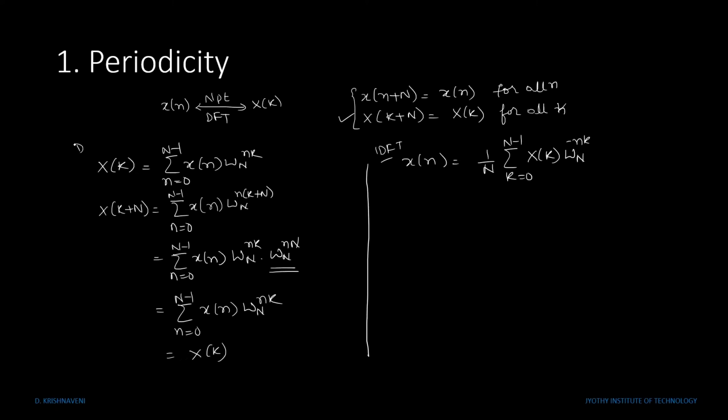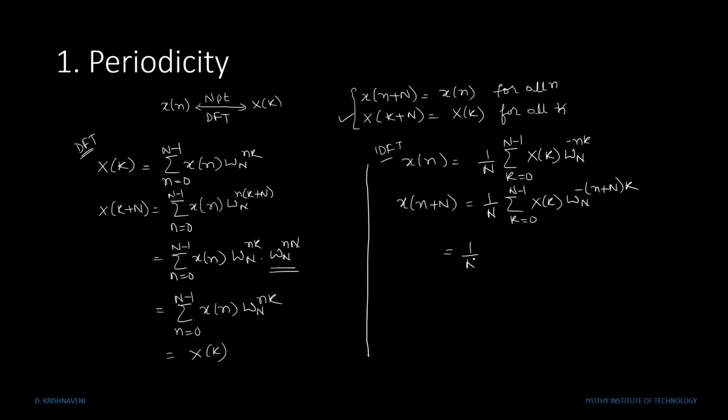Here we had taken the DFT formula, and now we replace n with n plus N. So we get x of n plus N is equal to 1 by N summation k equal to 0 to N minus 1 x of k W_N to the power of minus (n plus N) into k.